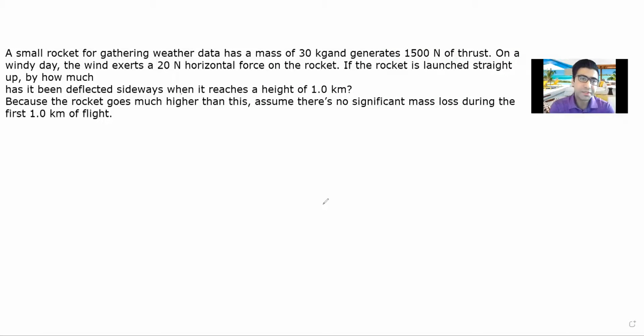The question says a small rocket for gathering weather data has a mass of 30 kilograms and generates 1,500 newtons of thrust. On a windy day, the wind exerts a 20 newton horizontal force on the rocket.